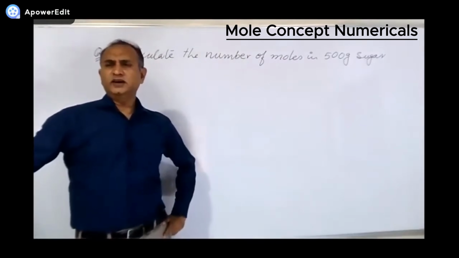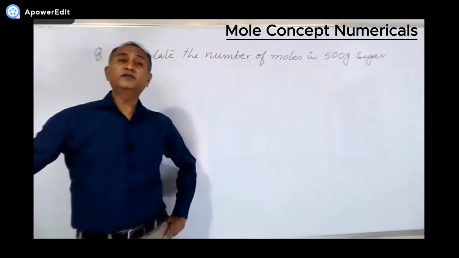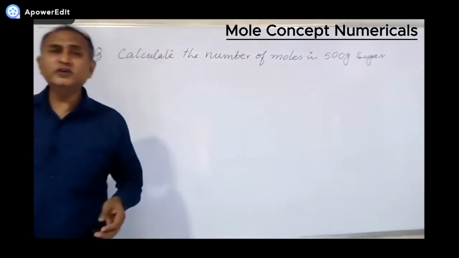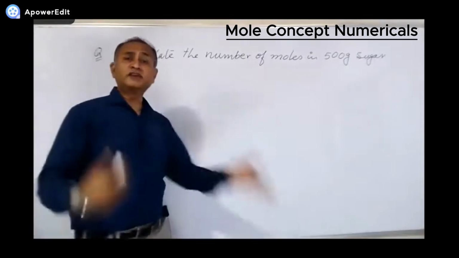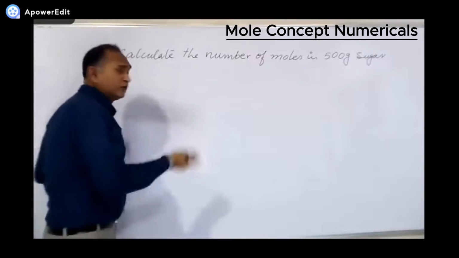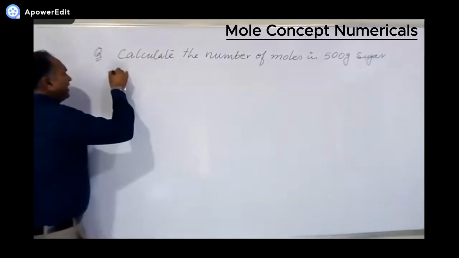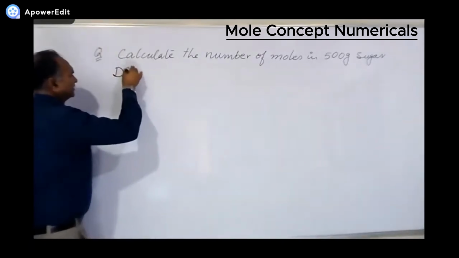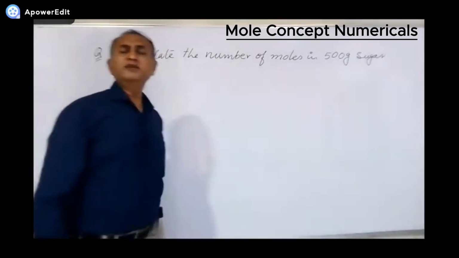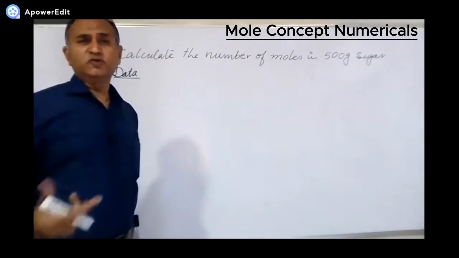We have to calculate the number of moles in 500 grams of sugar. So first of all, what will you see? What is given to you and what is asked? This, if you write, will be called data. So what is given to you? Some sugar.